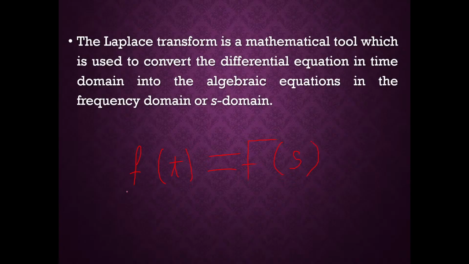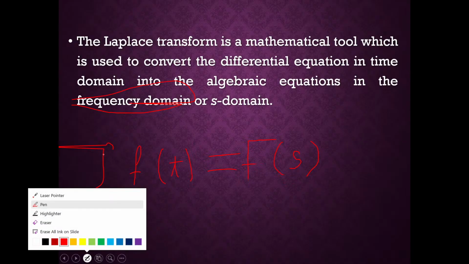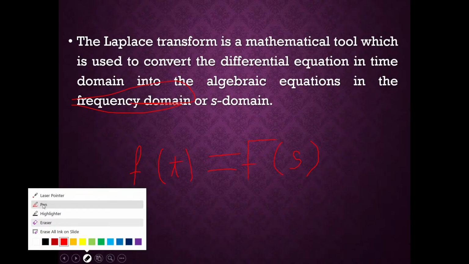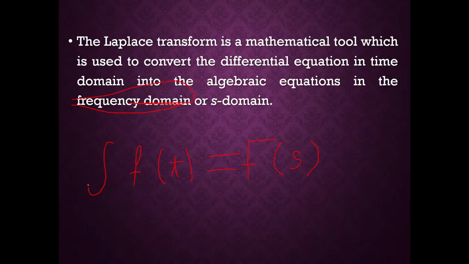So this f was a function of time. Now this f is a function of s domain. S means frequency domain. So this is the Laplace symbol. Laplace of f of t will give us f of s.